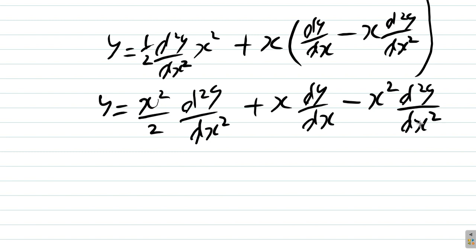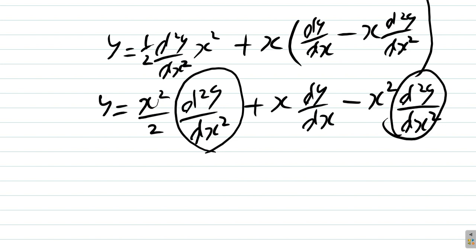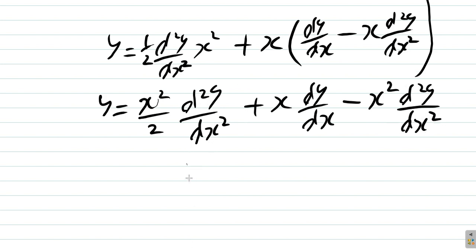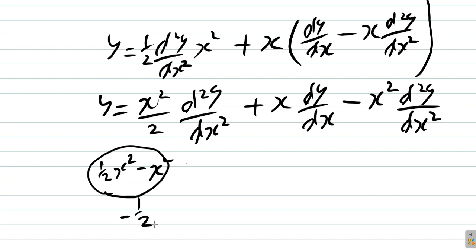Now, this says d squared y by dx squared, this says d squared y by dx squared. If we put them together, we would have half x squared d squared y by dx squared minus x squared d squared y by dx squared. Right? What is half x squared minus x squared? It's half minus 1, which is negative half. It is negative half of the d squared y by dx squared. That's what it's going to amount to.